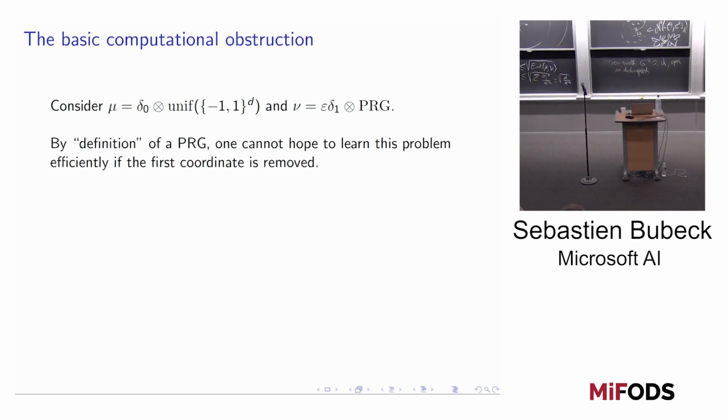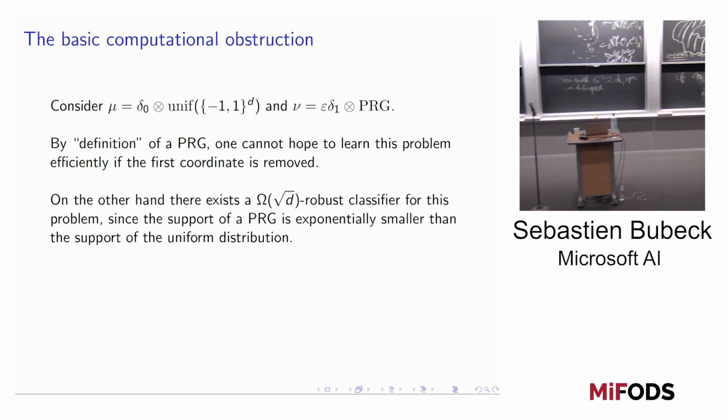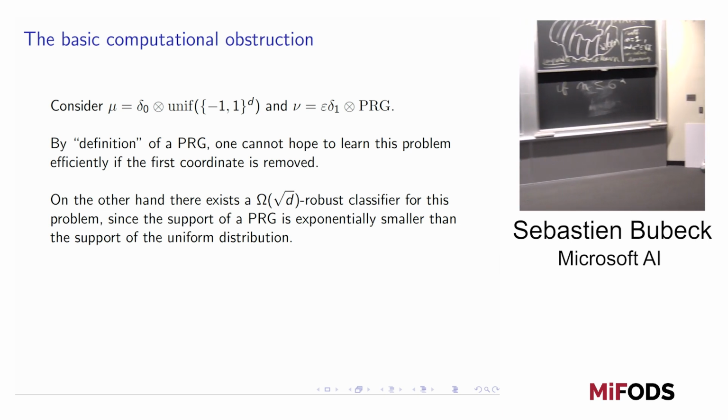So by definition of a pseudo-random generator, if you remove the first coordinate, which you can definitely do even with an epsilon adversary, if you just collapse the first coordinate, then you're left with distinguishing the uniform distribution from a pseudo-random generator, which you cannot do efficiently. Now, I still need to argue that there exists a robust classifier for this problem, but that's a very simple volume argument.